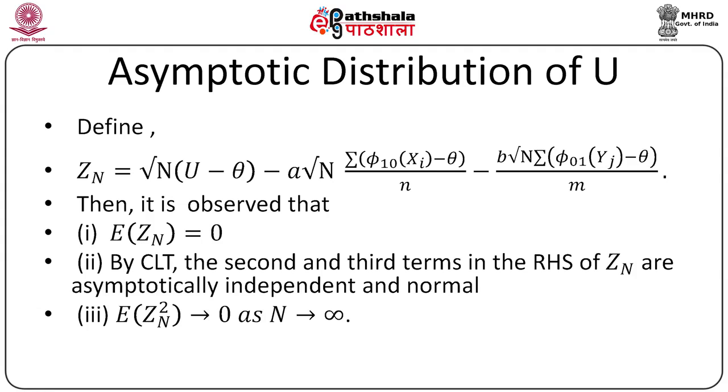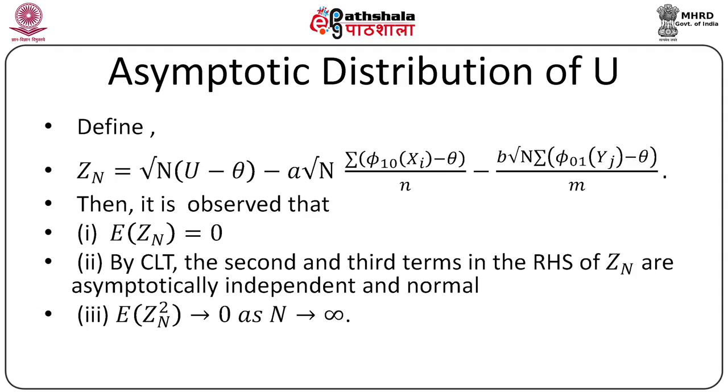Define Zn as square root of n into U minus theta, minus a into square root of n by small n summation phi 10 of Xi minus theta, minus b into square root of n by small m into summation j from 1 to m phi 01 of Yj minus theta, where phi 10 and phi 01 are already defined.